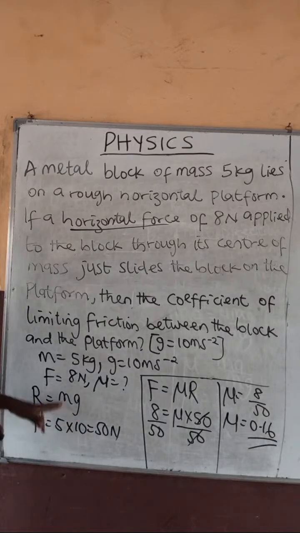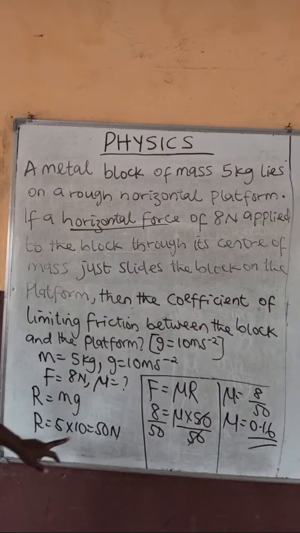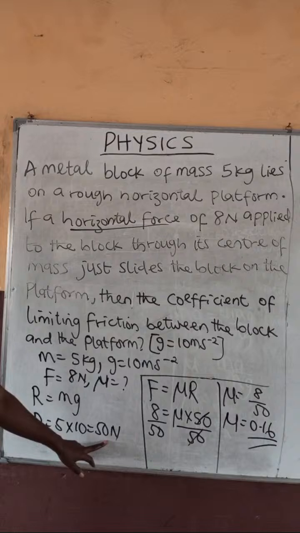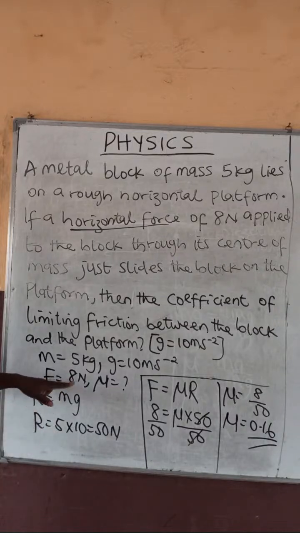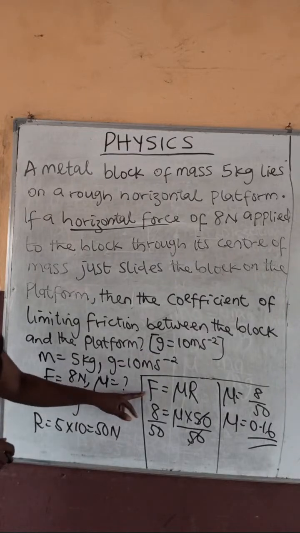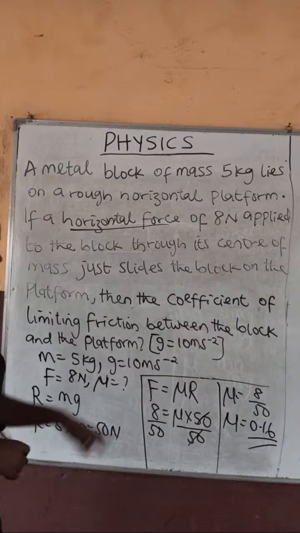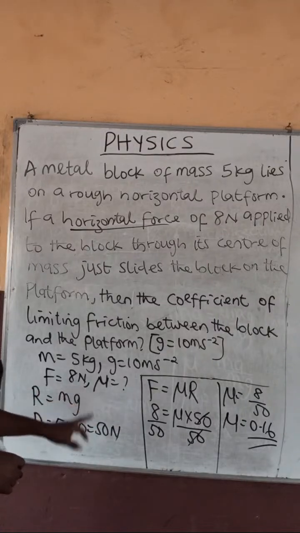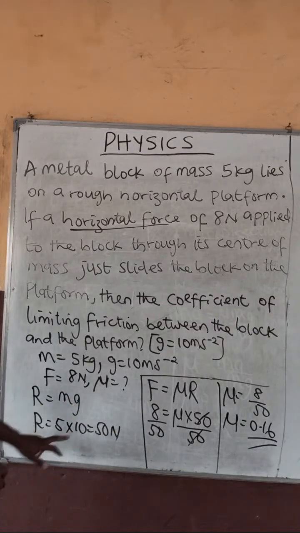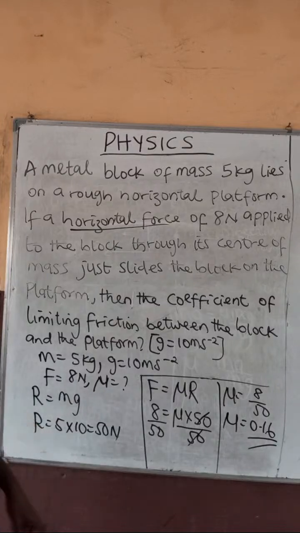Our mass is 5 multiplied by 10 to give me 50 newtons. Then my frictional force is 8 newtons. With the formula F is equal to mu R, my frictional force is 8 and my reaction is 50.